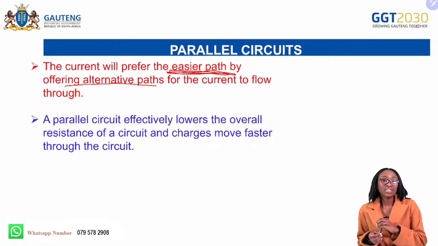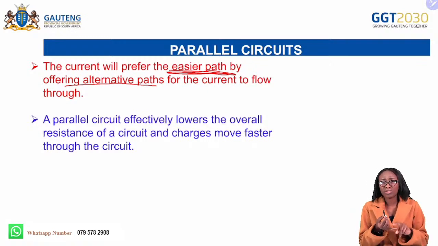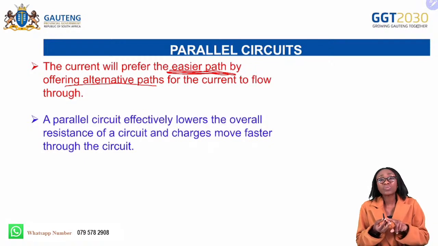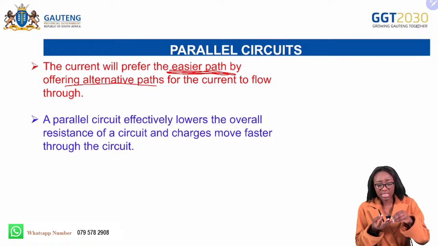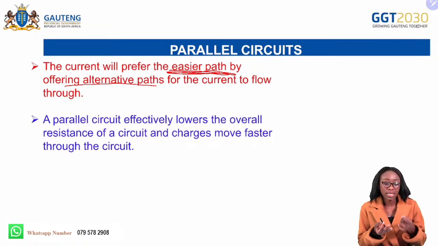So the charges experience resistance at bulb number 1, which slows them down, resistance at bulb number 2, which slows them down further, and some more resistance at bulb number 3, so they receive 3 times the resistance and become slower and slower. Because a parallel circuit offers an alternative pathway, the charges have an easier way of reaching the bulbs.